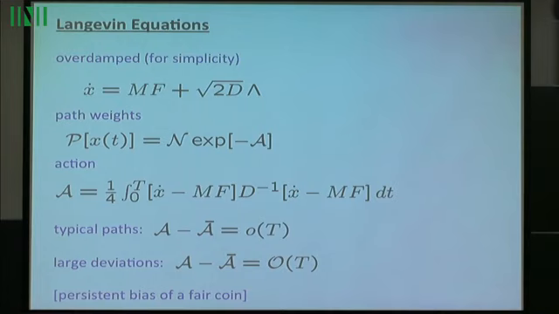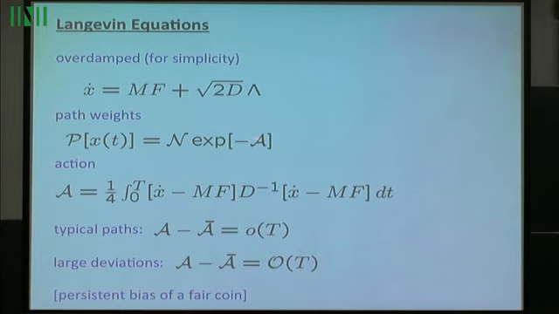So what can we say about this? Well, this prescription here, or equivalently the Fokker-Planck description, is equivalent to ascribing a certain statistical weight to a trajectory of the system, to a path, x of t. And this N is some normalization constant, which you can obviously back out from normalizing things. It's the exponential of an action, and here's the action.